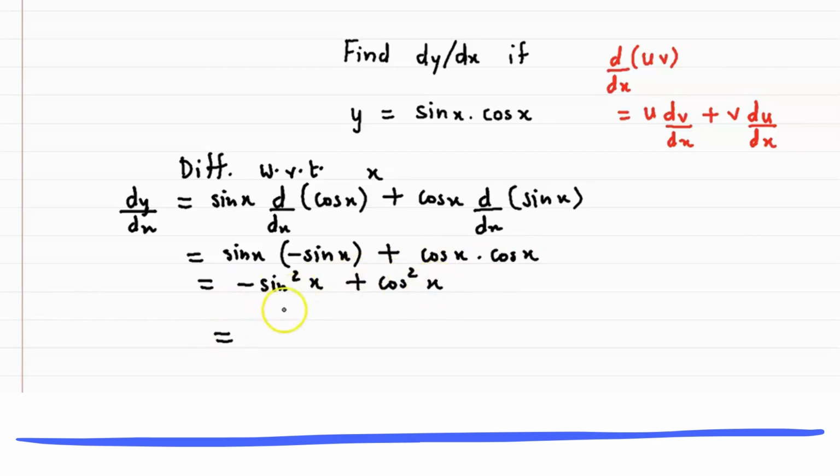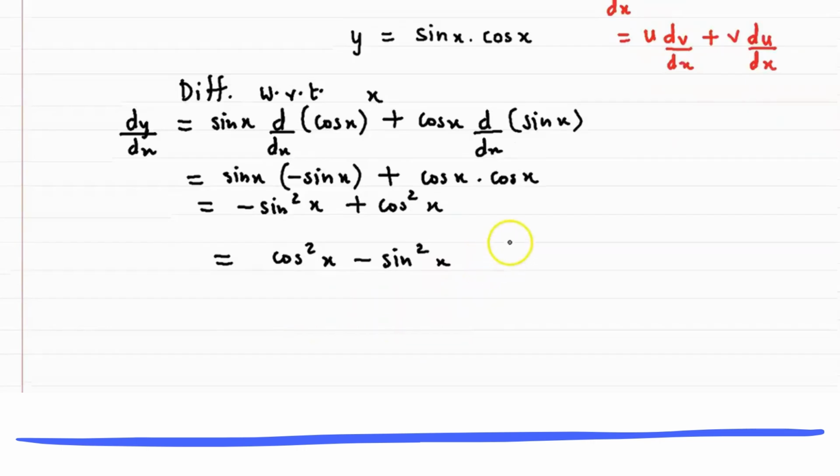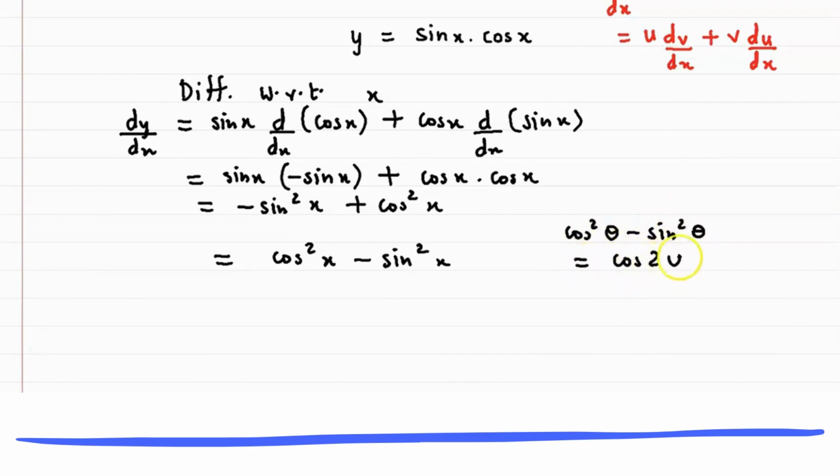Now if we arrange the terms, we obtain cos square x minus sin square x, and we know that cos square theta minus sin square theta could be replaced by cos 2 theta. So applying the formula over here, we get dy by dx equal to cos 2x.